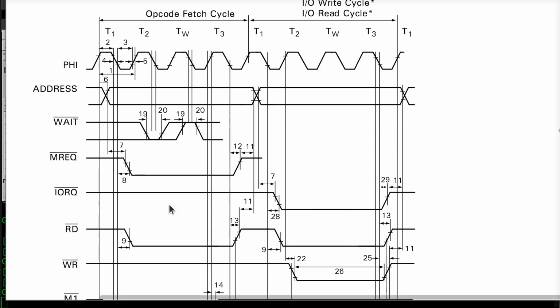This wouldn't be okay in a memory operation without a wait state, because as we'll see, if write does not assert itself until after T2 falls, we won't see it until way over here. And then we will create our tick signal around T3 instead of TW, which is later than we wanted, but it's okay for an IO cycle.